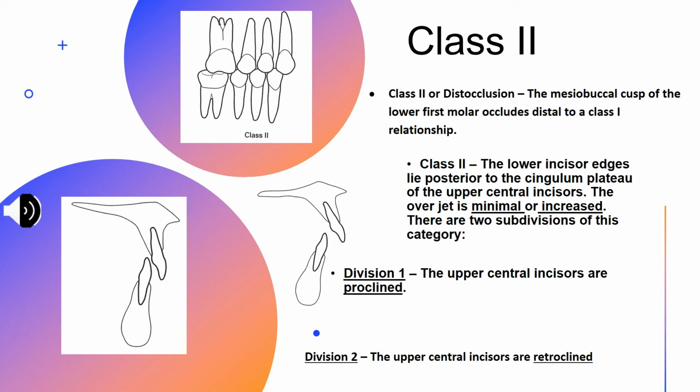So now we use the same classifications for Class 2 occlusion. The difference with Class 2 occlusion is that we can have Division 1, which is based on the upper central incisors, and Division 2, which is also based on the upper central incisors. The only difference is that Division 1 is proclined, which means the upper centrals are protruding forward, and Division 2 is retroclined, which means retruded in or tucked further in.